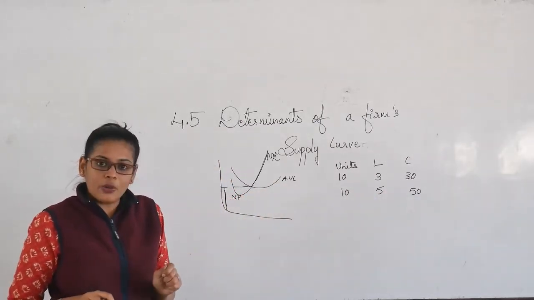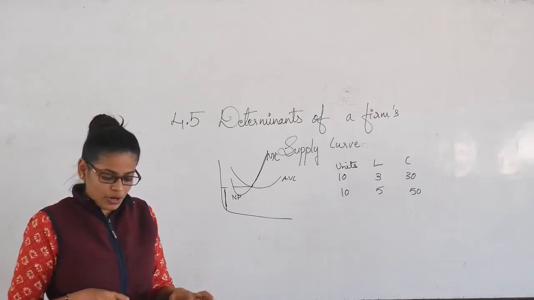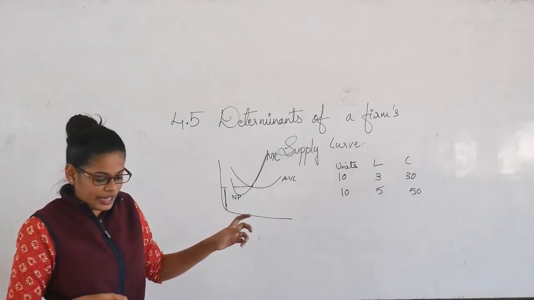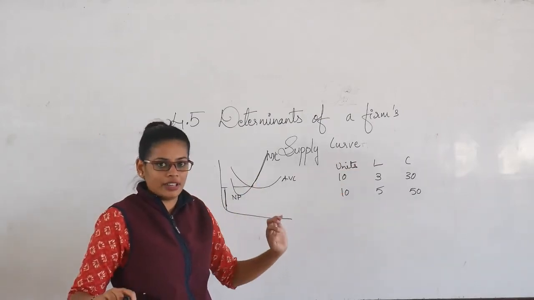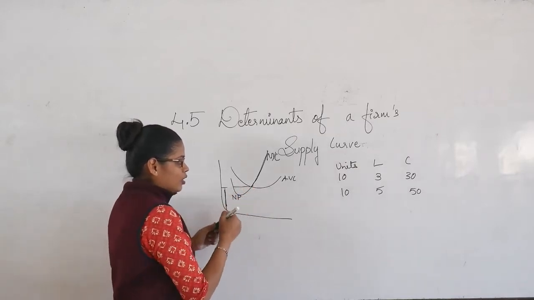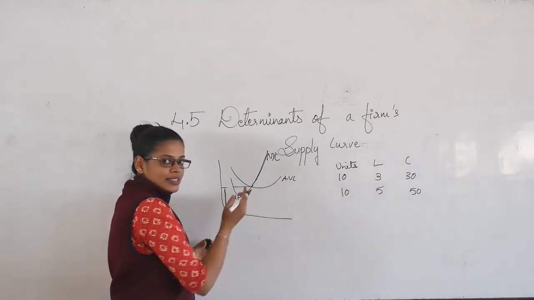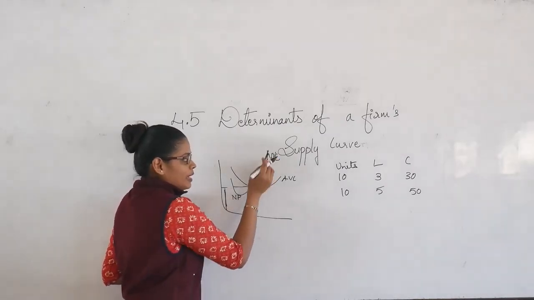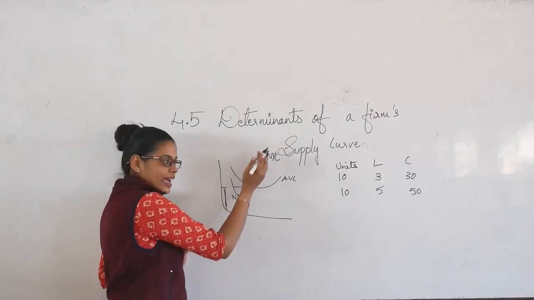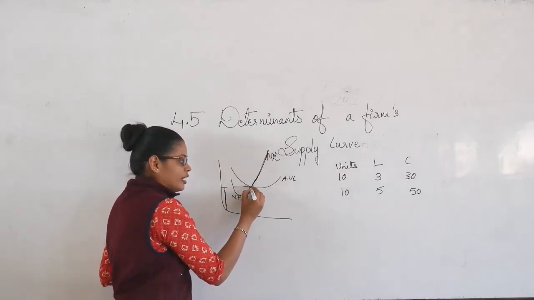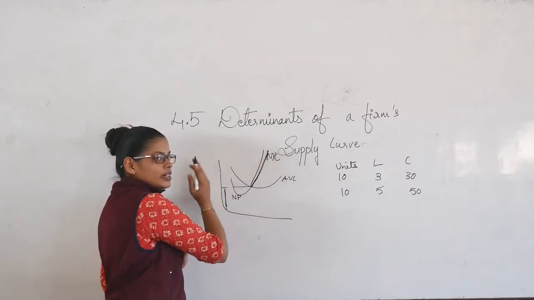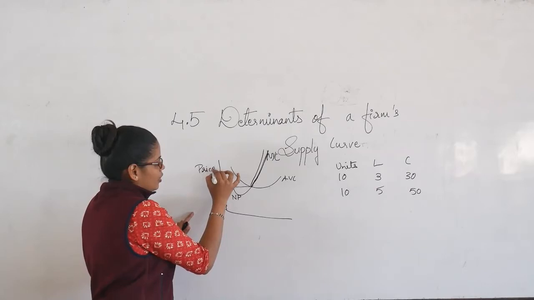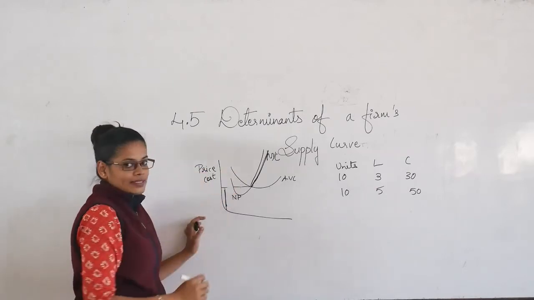So the consequent increase in the firm's average cost at any level of output is usually accompanied by an increase in the firm's marginal cost at any level. You can see here the marginal cost. If the expenses are going high, then the supply curve will not be on this line. What happens is there will be a shift, and the shift is towards the left side. Why? Because the price or the cost was on the y-axis, right?